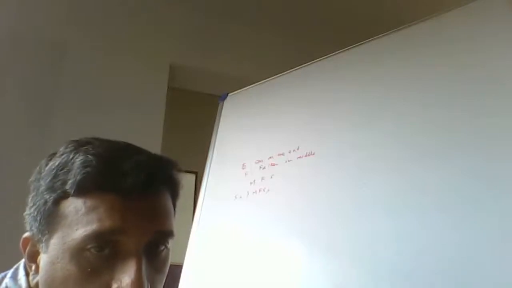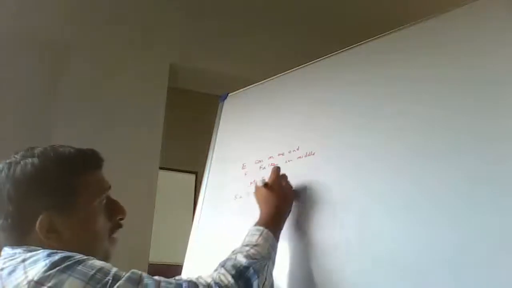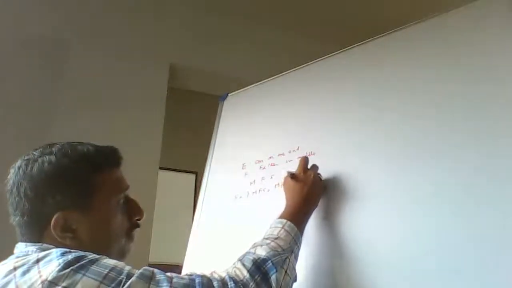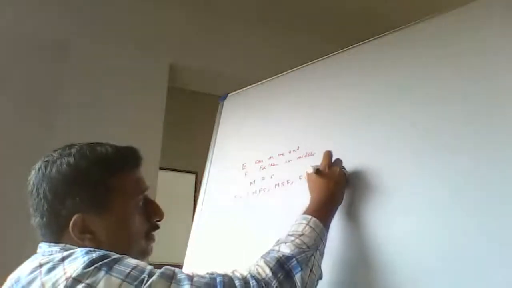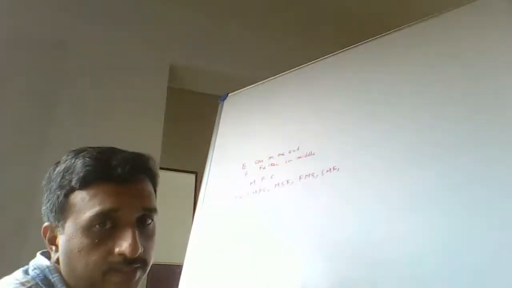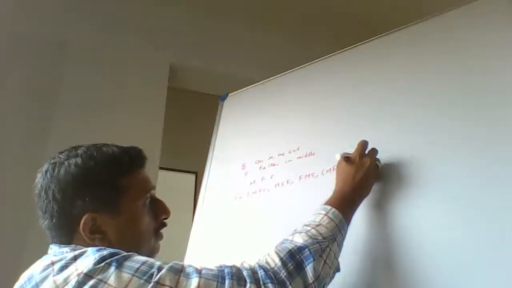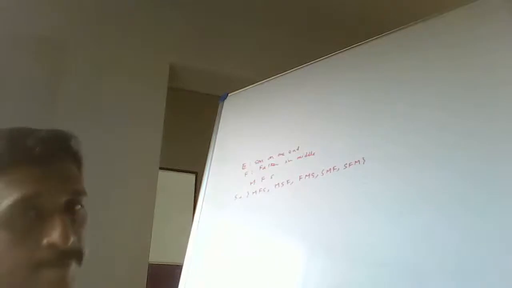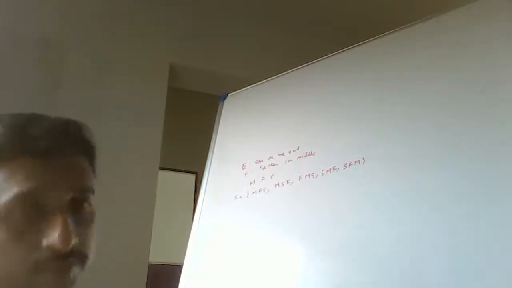So MFS, this is the first possibility. M, S, F is the next possibility, and we have F, M, S. This is the next, and S, M, F, and again son, father, and mother. So nowhere is it the same; it is different. Have you noticed that? So this is the sample space.